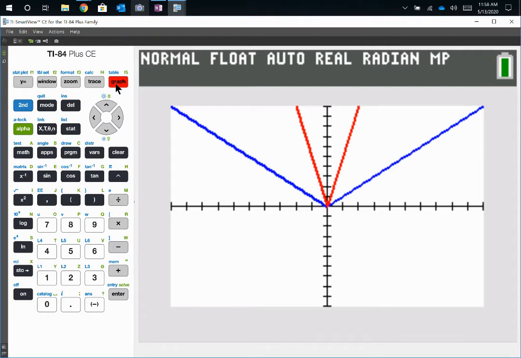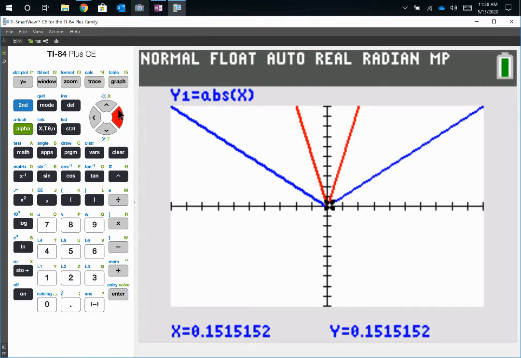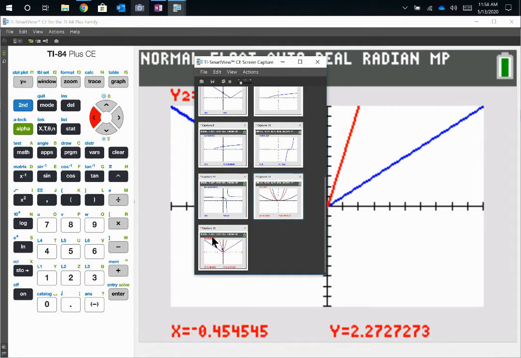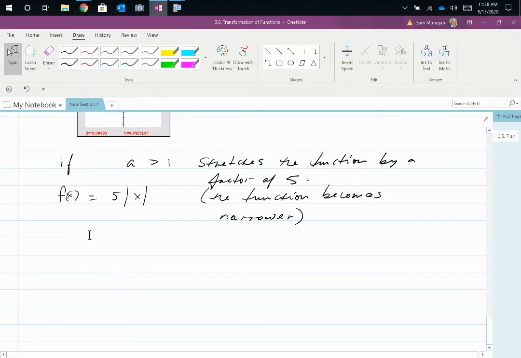It has the effect of someone pulling the graph up, stretching the graph. Okay? So understand that a number greater than 1 is going to have the effect of stretching the graph upwards.